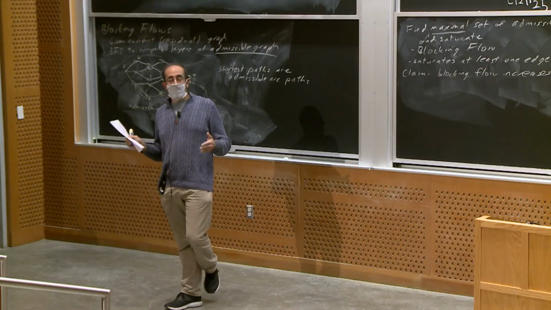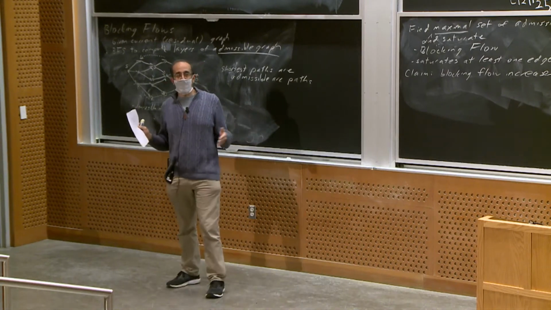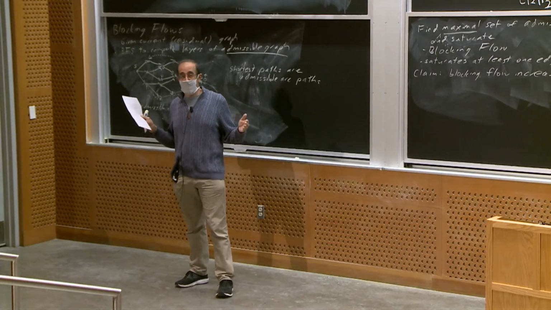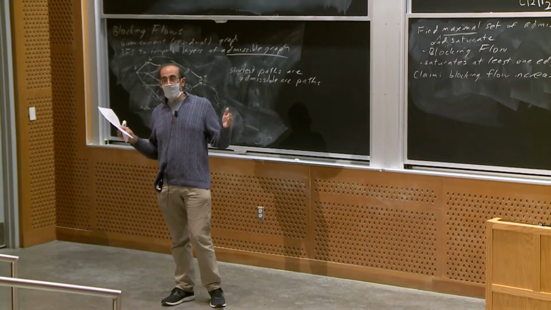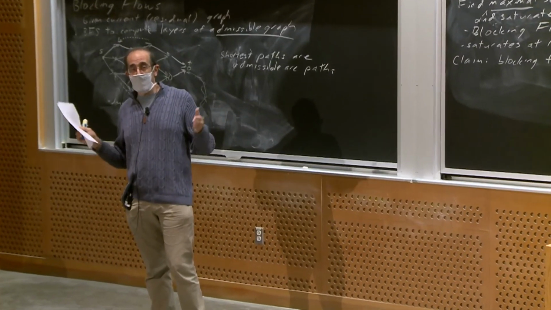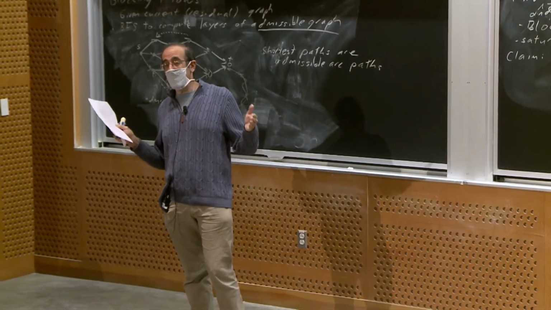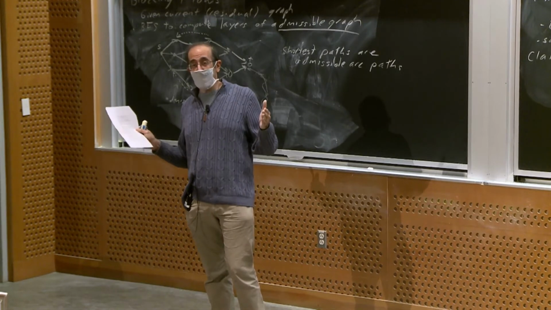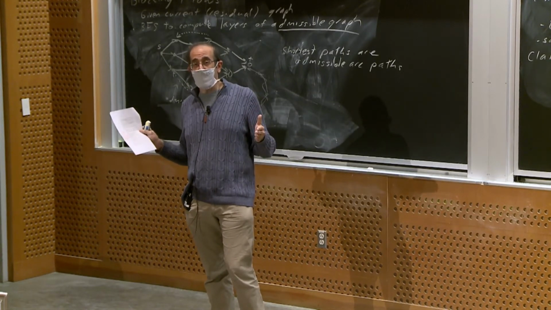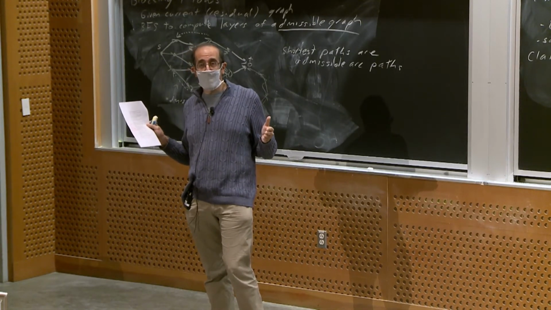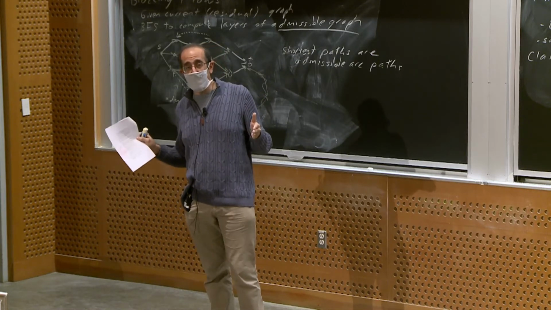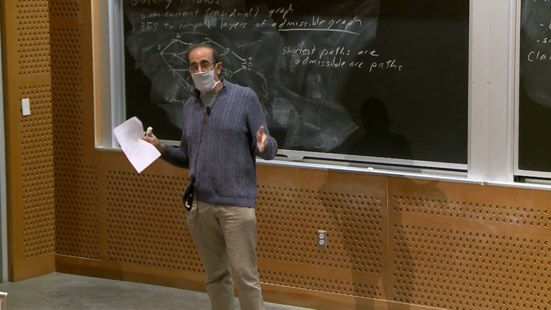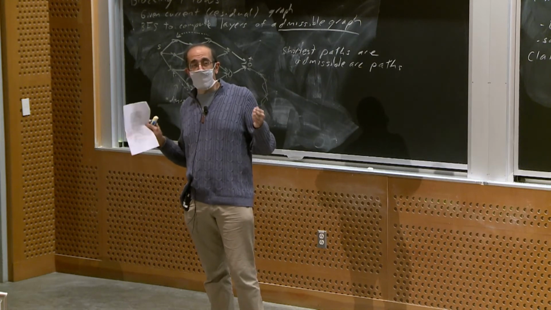Okay? So if you think back, with shortest augmenting paths, all we could prove about a particular shortest augmenting path was that the distance did not decrease. But if you just find one shortest augmenting path, the distance might not increase. But if you find a blocking flow, the distance actually increases. Okay. Now, if the distance increases every time you find a blocking flow, what does that tell us if we want to find a maximum flow?